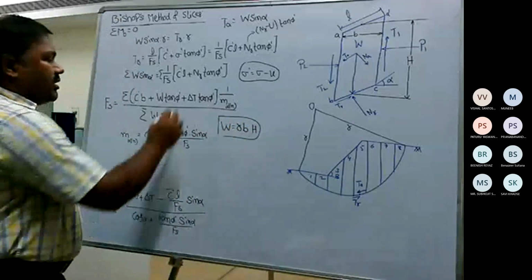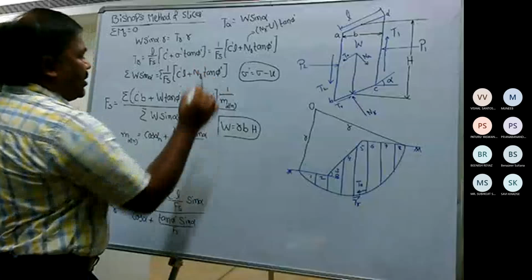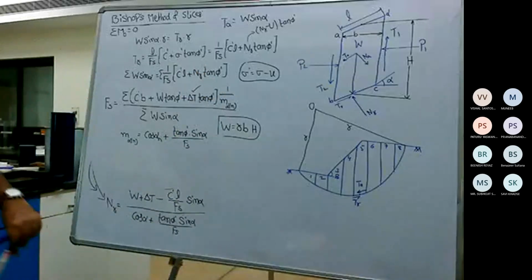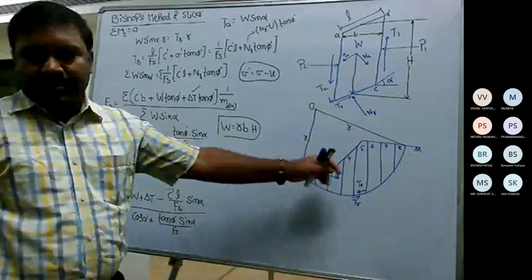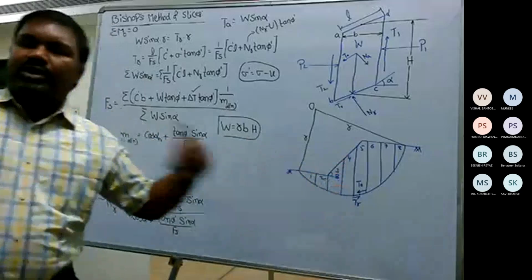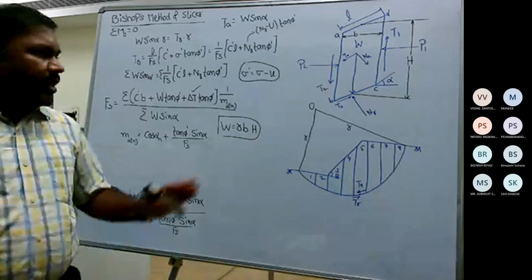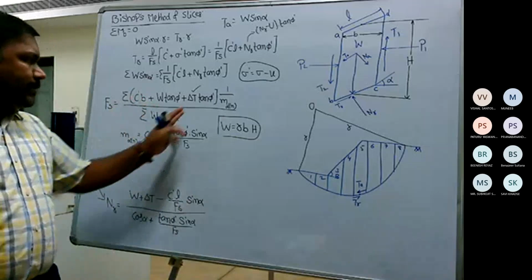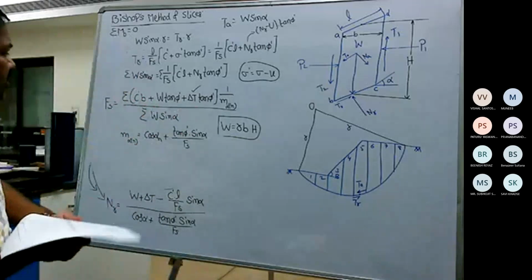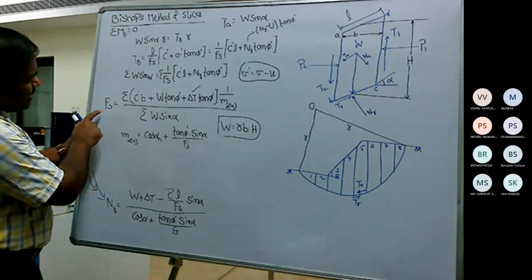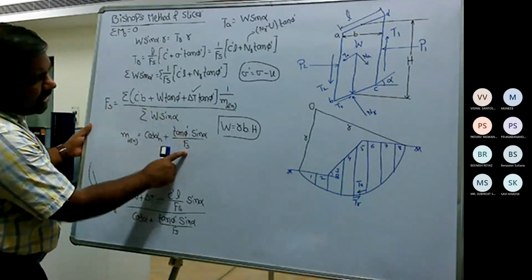Okay. Now another unknown is delta T. Delta T initially will be assumed based on the location of the slice. So initially some value may be 0 or some definite value. Then keep solving. If you look at this equation carefully, the factor of safety exists on the left side as well as on the right side.